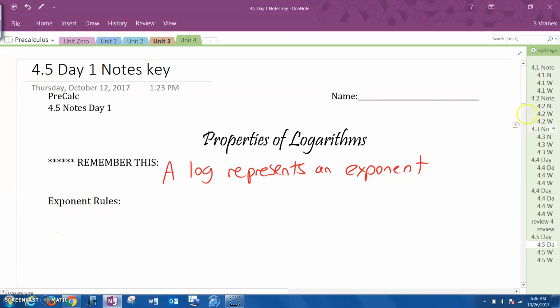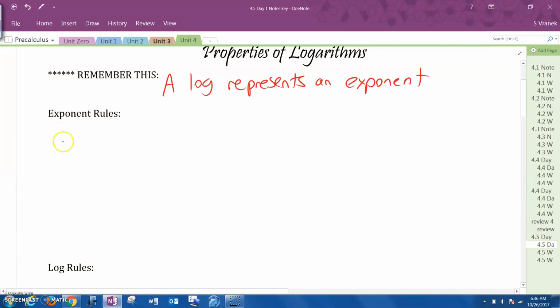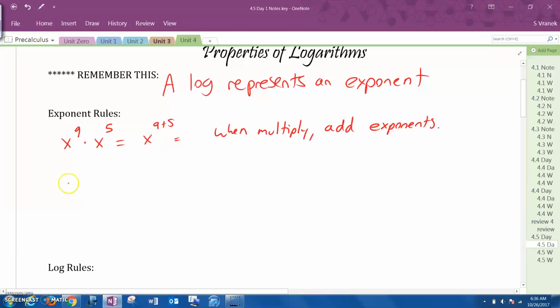So remember some exponent rules that we had from before. When you are multiplying the same base, for example, you add the powers. So, for example, when you multiply, add the exponents. When you raise a power to a power, so there should be something before the parentheses, let's say it's x to the 6th, to the 3rd.